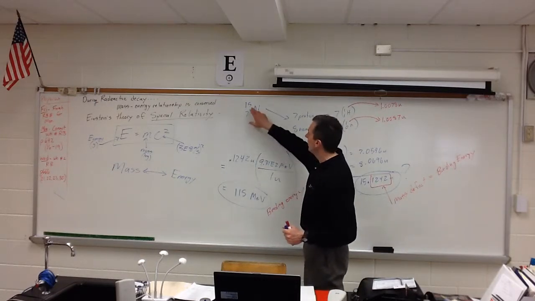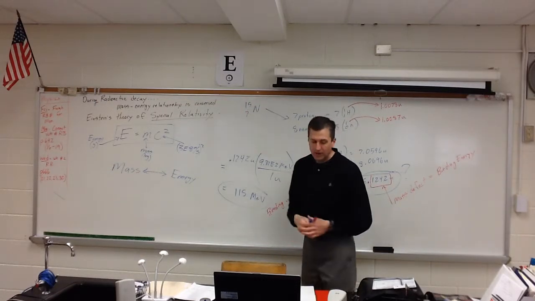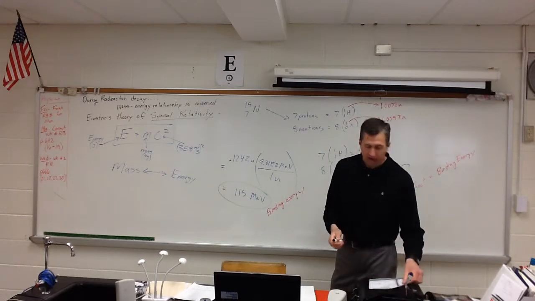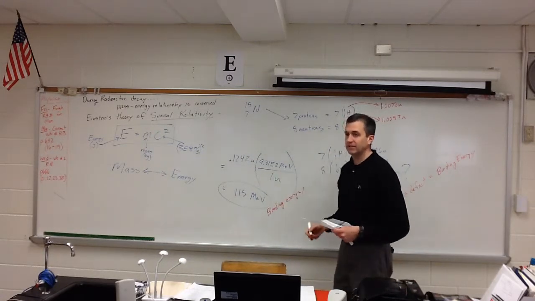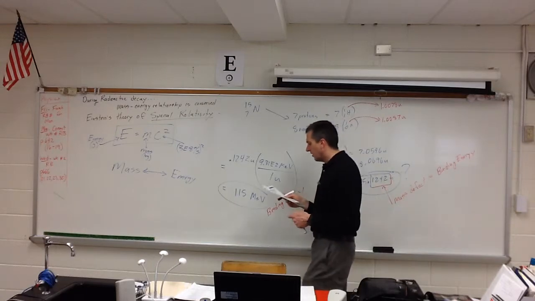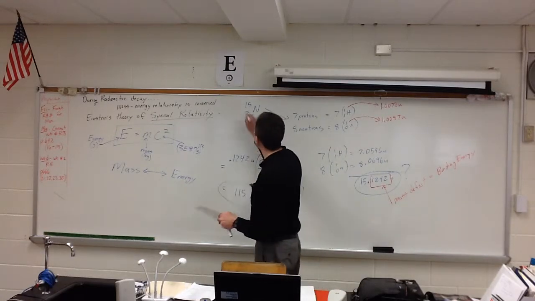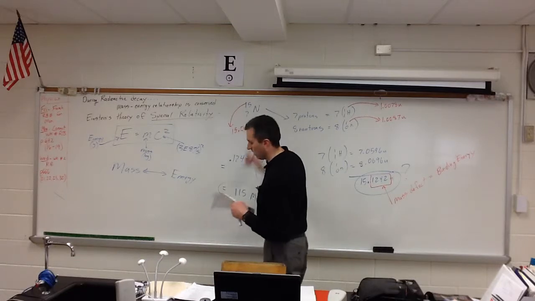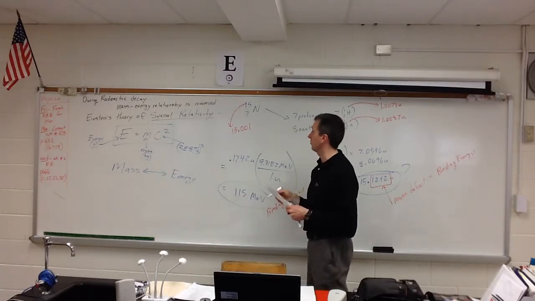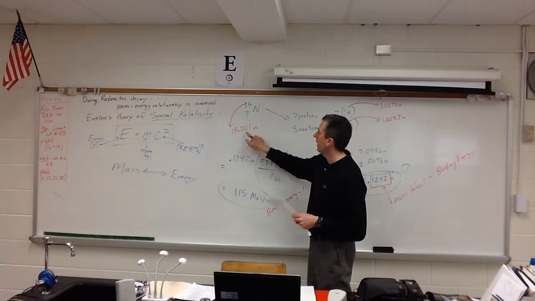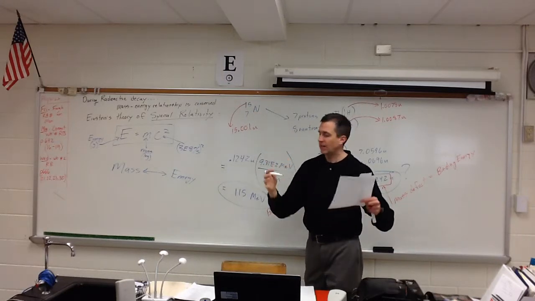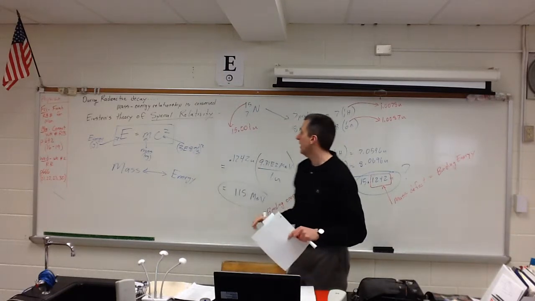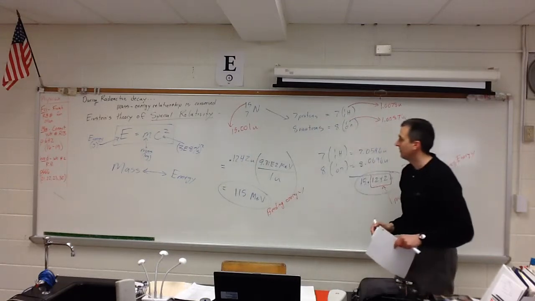If you have nitrogen by itself, and you just weigh the whole nucleus as a chunk, the number you're going to come up with is 15.001. It's not exactly 15, but it's real close. So if you weigh it as a chunk, you take the whole nucleus, boom, you weigh it 15.001.